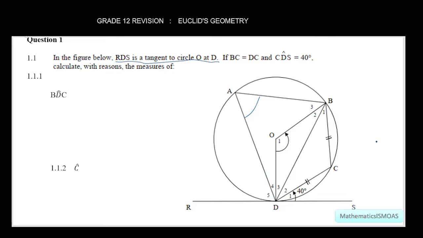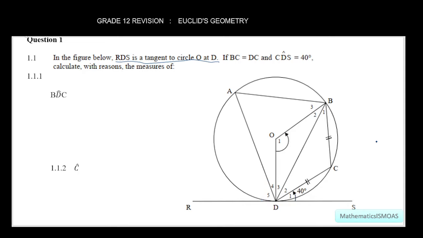Then tangent perpendicular to radius. OD is a radius. We know that O is a center, RDS is a tangent. Therefore, ODS is 90 degrees. And also ODR is 90 degrees, reason being tangent perpendicular to the radius.